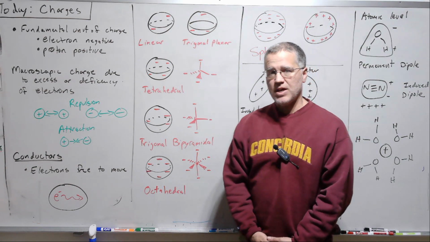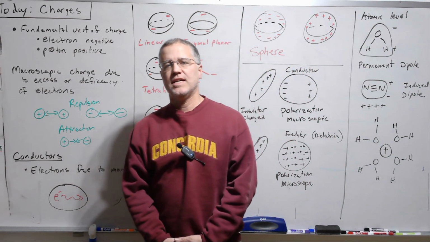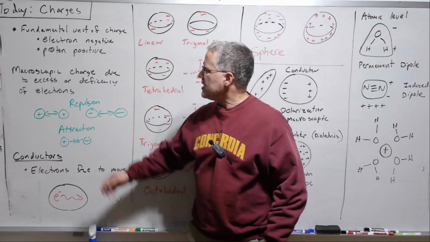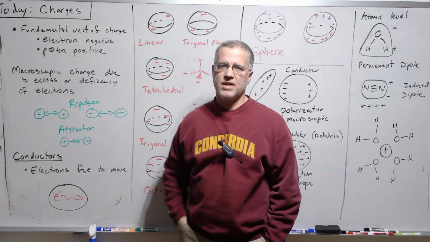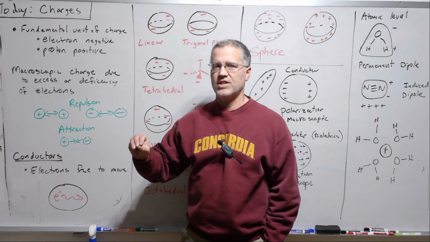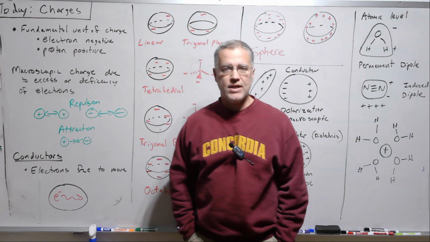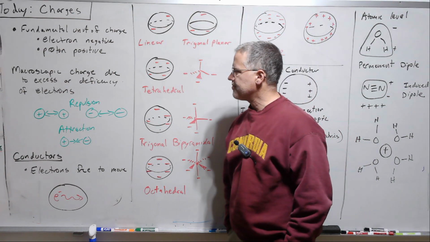Now, we've already talked about the fact that there's a fundamental unit of charge, and that's sometimes called the charge of an electron. The electron carries a negative charge, so that's a convention that's been developed, that the charge that the electron carries will be considered negative. The proton carries an equal charge, but positive, so an equal but opposite charge.